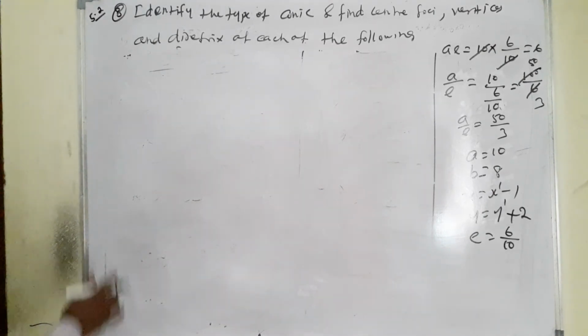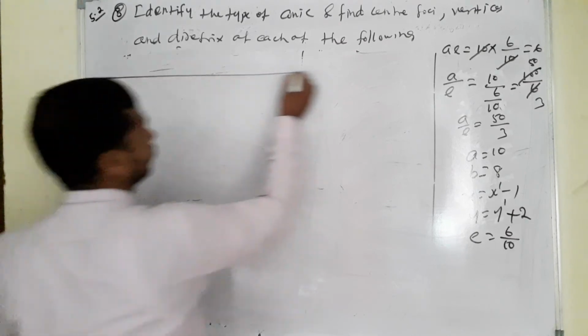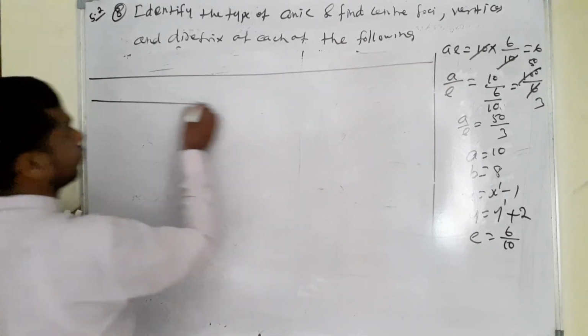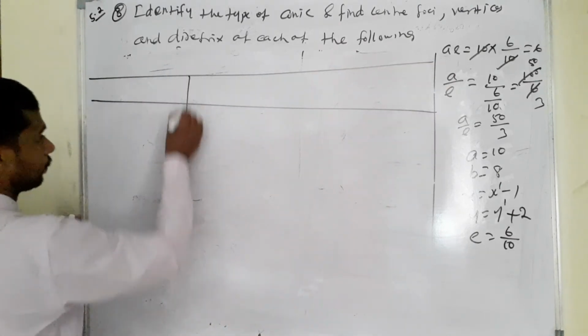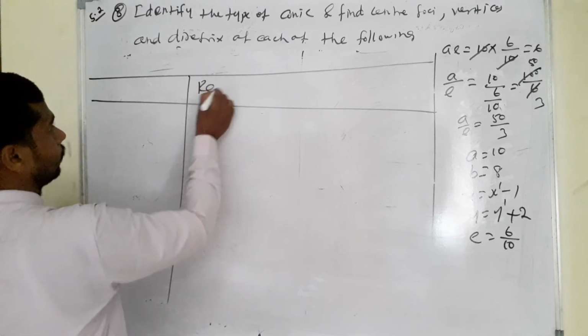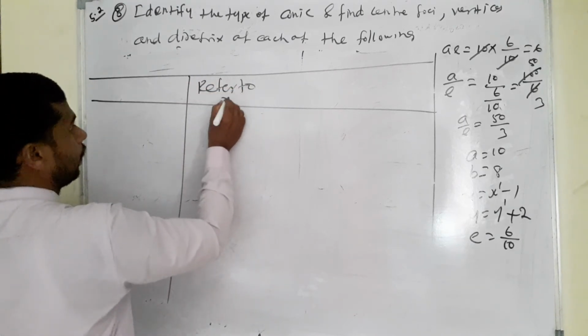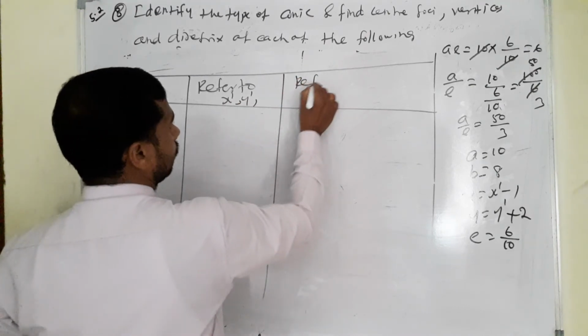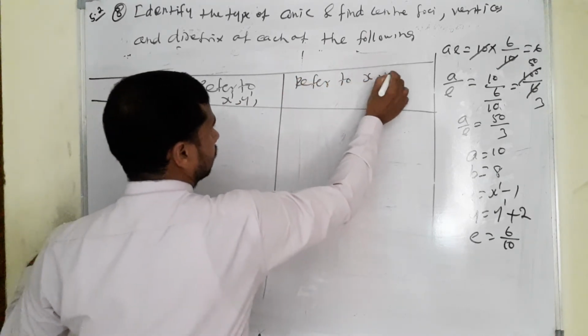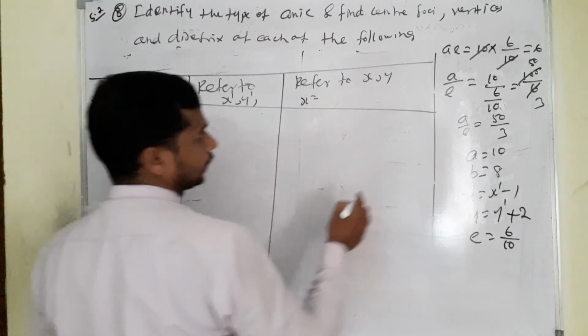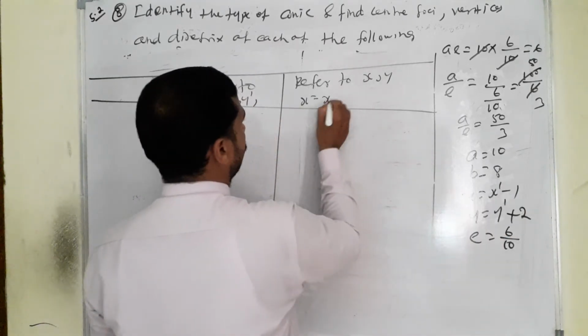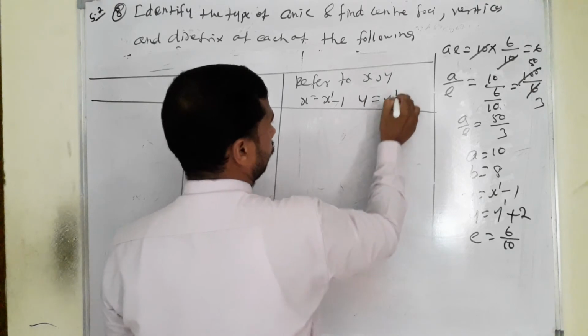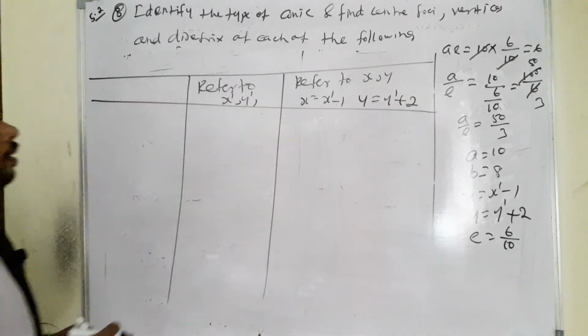So draw the diagram. First column refer to x dash comma y dash. Next column refer to x comma y. So x is equal to x dash minus 1, then y is equal to y dash plus 2.